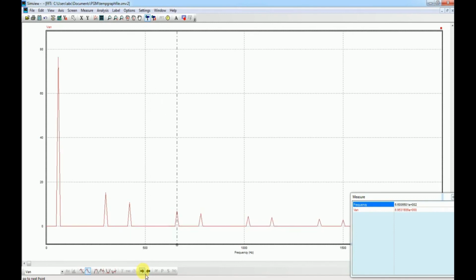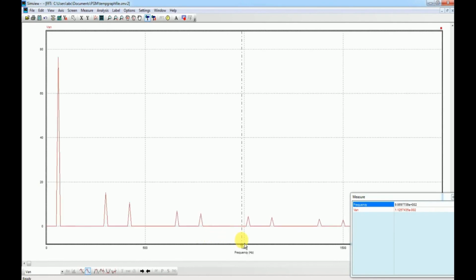The next harmonic that appears here is the 11th harmonic at 660 hertz, and because k is now equal to 2, the next harmonic should be at the 13th of the fundamental. If I move in here, this is the 13th harmonic, which is at 780 hertz, and it has an amplitude of 5.8 volts.